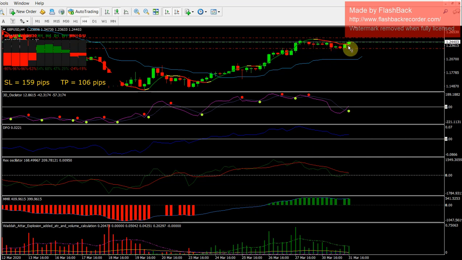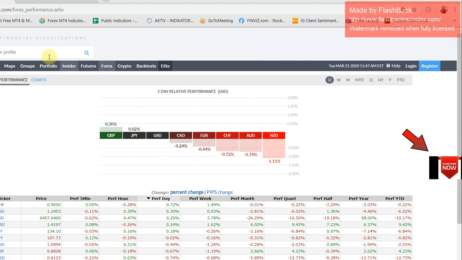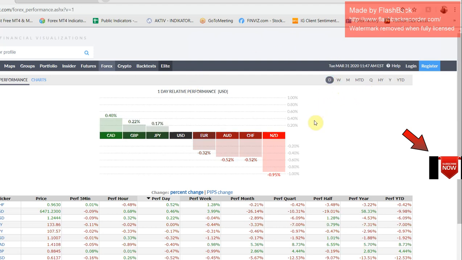It's more like consolidation probably, but I use another thing called the FinViz website, where I double check which pairs are stronger than each other. At this time you can see it's on daily, right? Today's Tuesday, 31st of March 2020, and you have the performance of the pairs.